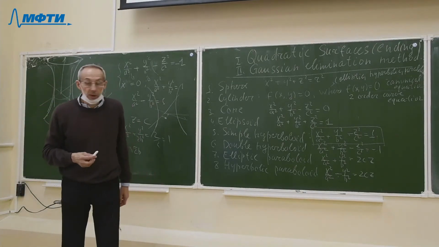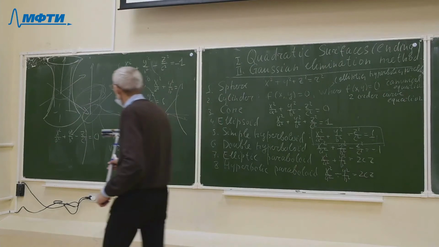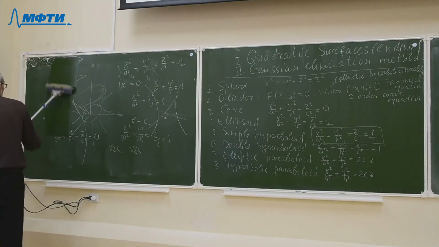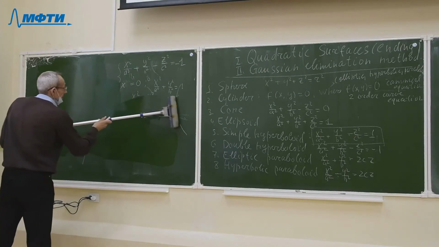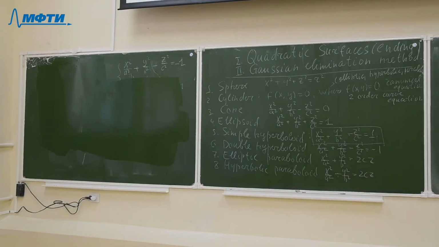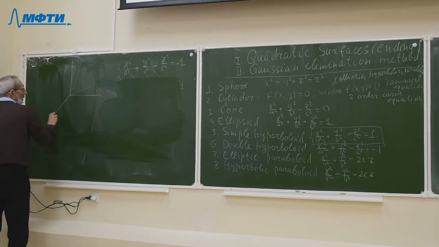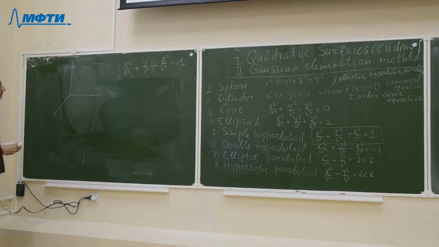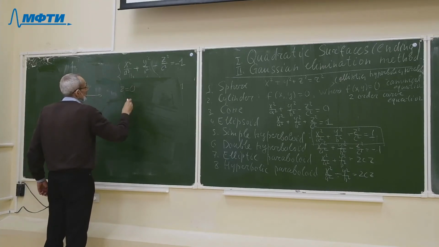And what does that mean? How does the form of this surface change? Let's put z equal 0.